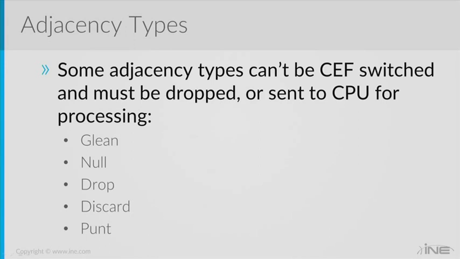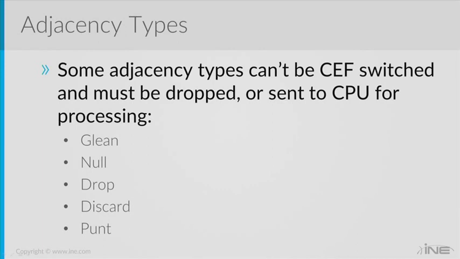Punt is for if something comes in that specifically needs to be process switched because it's specifically for our processor. For example, let's say I'm doing EIGRP. My switch, my router, is doing EIGRP with an EIGRP peer.